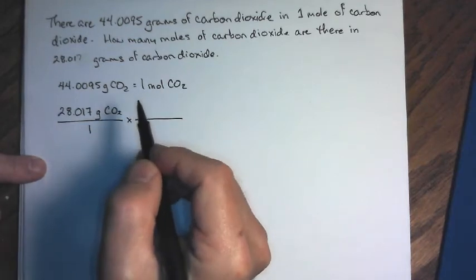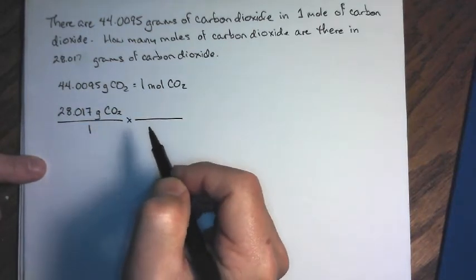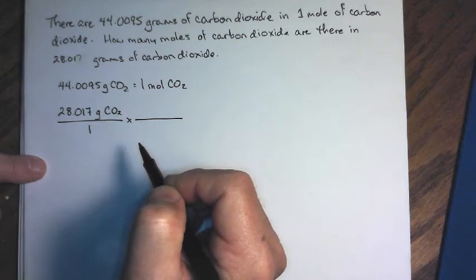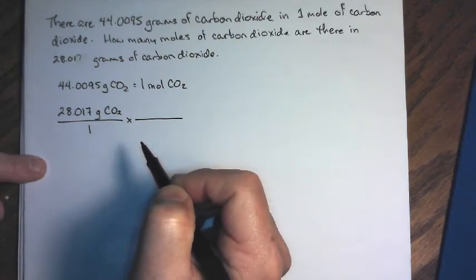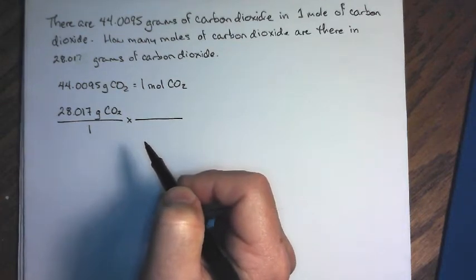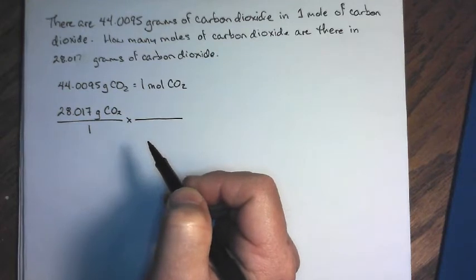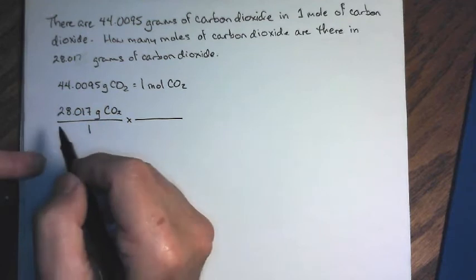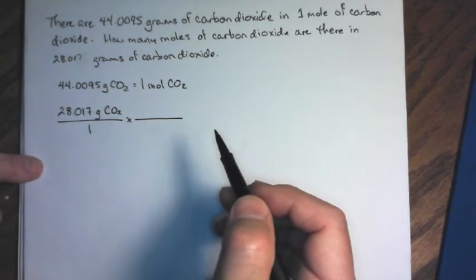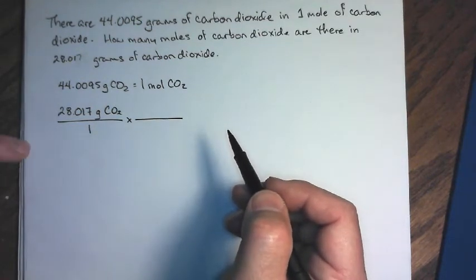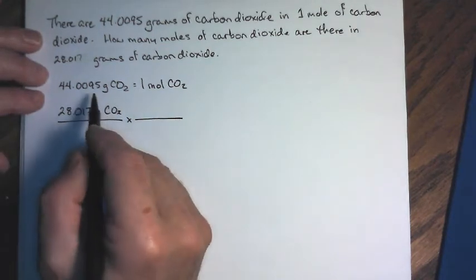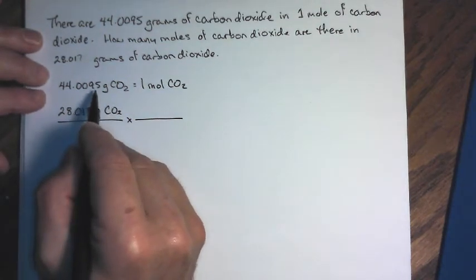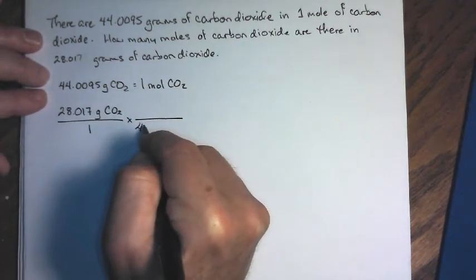Now, if I put a dozen over 12, what does the fraction equal? Yeah, it equals 1. So we're going to build a conversion unit. It turns out all conversion units equal 1. So when we multiply by a conversion unit, we don't change the value, we change how it's measured. We'll talk about that more later. I'm going to take this grams of carbon dioxide here and put it on the bottom.